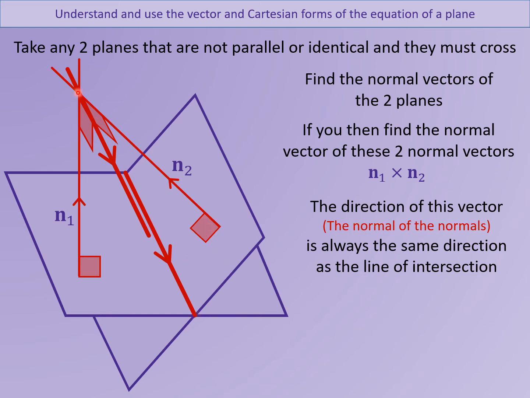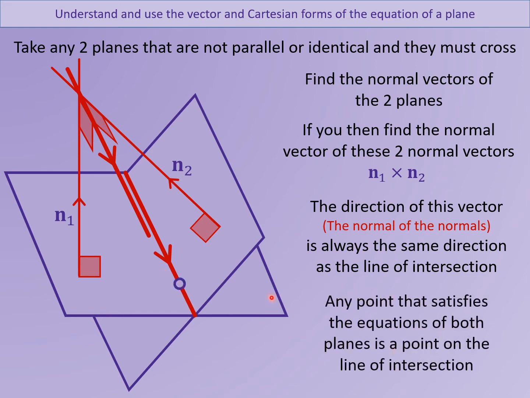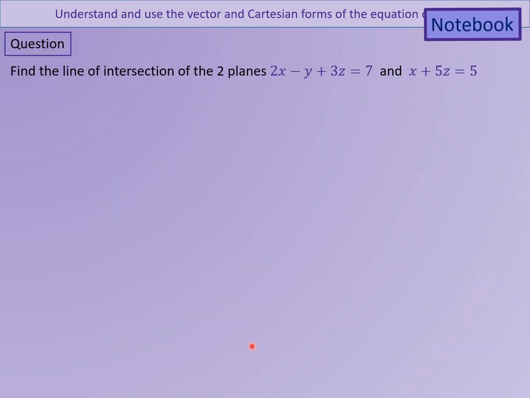So if you know the two normals and you know the normal of the normals, then that can be used for the direction of the line of intersection. It's quite a helpful tool if you're trying to figure out the equation of the line, because then all you need is any point, any coordinate, that lies on both planes, and that will give you the line of intersection.